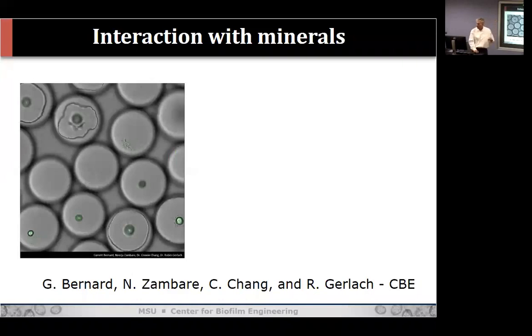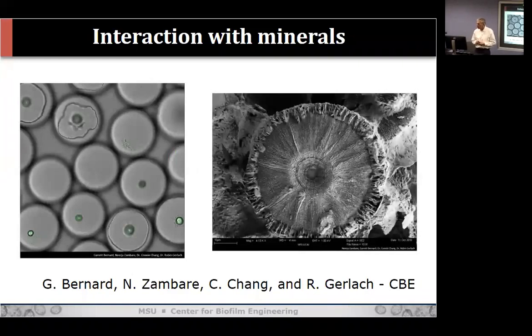So these radial structures that you see in some of the drops are in fact this mineral material. Here's one of those imaged under scanning electron microscopes. So the interaction of microbes with mineral particles is another place where the kind of imaging we'll be talking about today could be of interest and application.